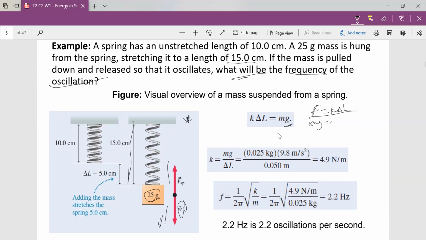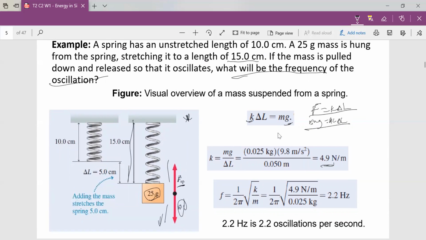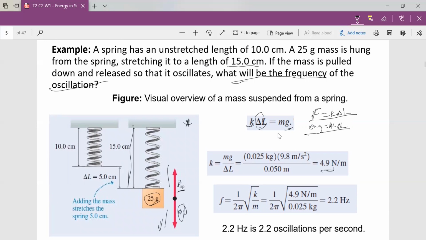We'll have mg equal to k change in L. So if we make k the subject of formula so that we can get the spring constant, we divide both sides, and we'll have mg over change in L. Mass in grams converted to kilograms gave us 0.25, and then g is 9.8, and the change in length is 5 cm.